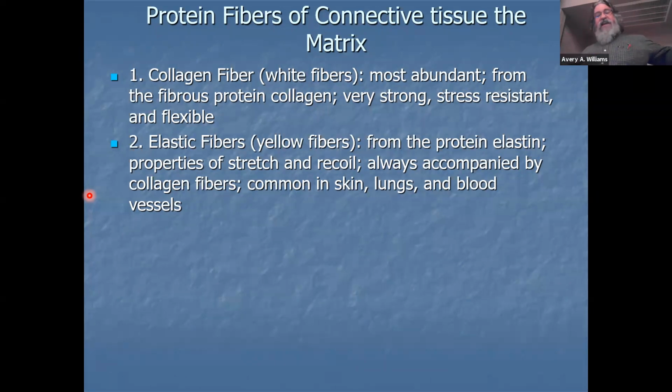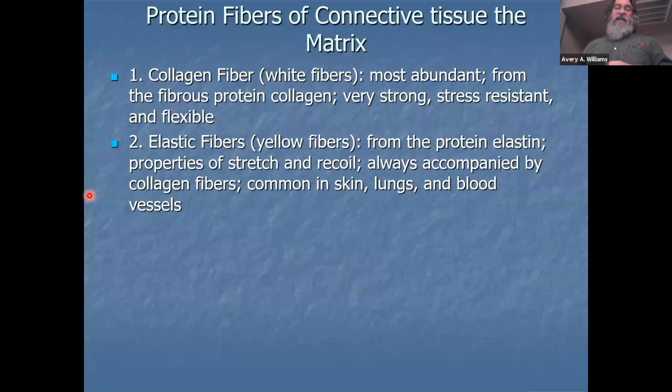You can stretch out a spring, but the spring can recoil. So this type of fiber would be found in tissues that need those properties, like your skin, your lungs, blood vessels, etc.